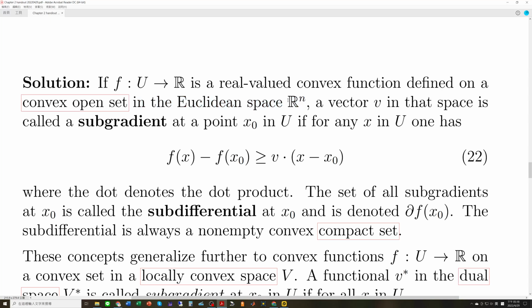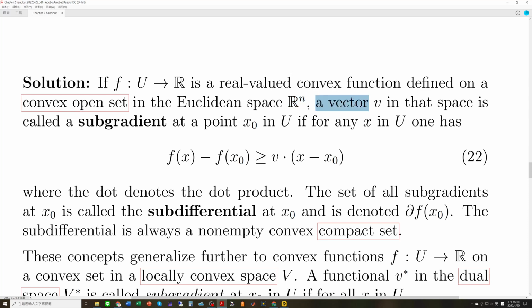What does this mean? R to the power of n means an n-dimensional Euclidean space, or an n-dimensional real vector space.